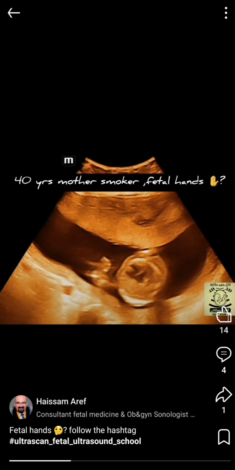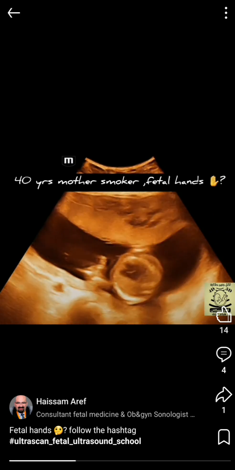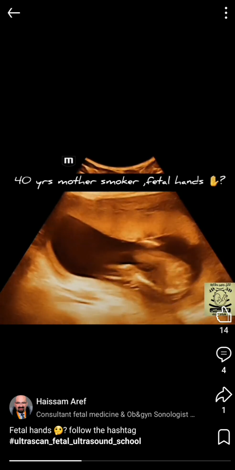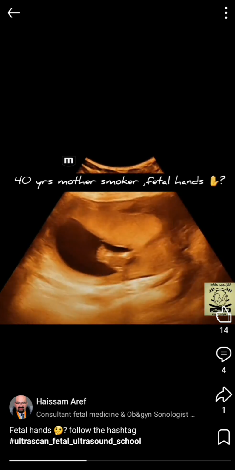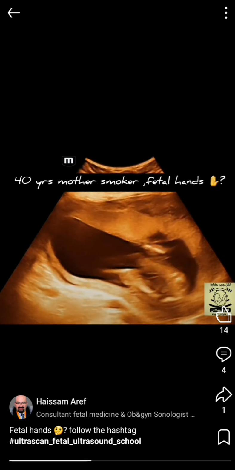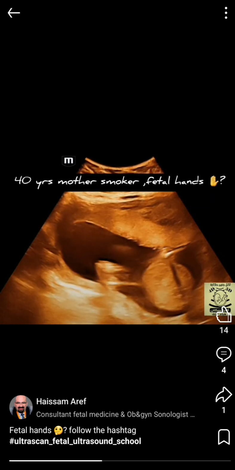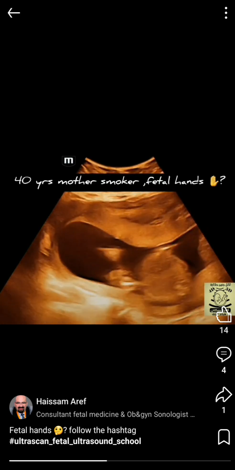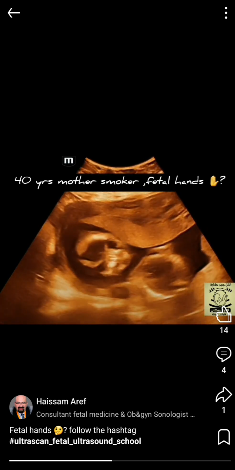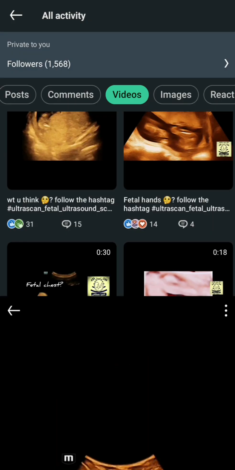And yes, this was a case of Holt-Oram syndrome with radial ray anomaly associated also with AVSD that is so apparent. Poor baby of a mother, 40 years old smoker. It's a case of Holt-Oram syndrome.